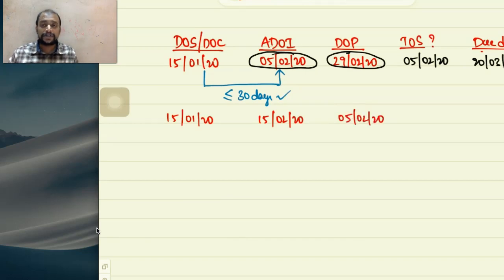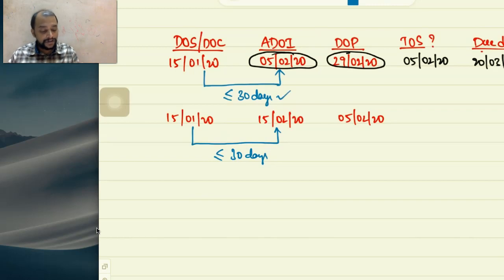Whether invoice is issued within 30 days or not, we need to check. Please check whether it is invoice issued within 30 days, 15/1. So in January it is 16 days and in February 15. So therefore it is not within 30 days.